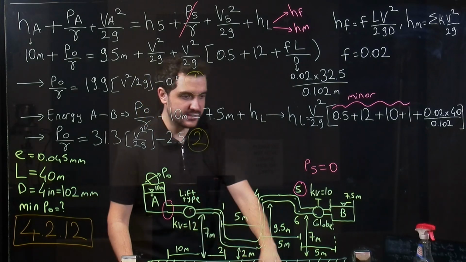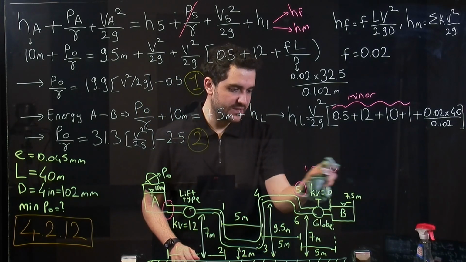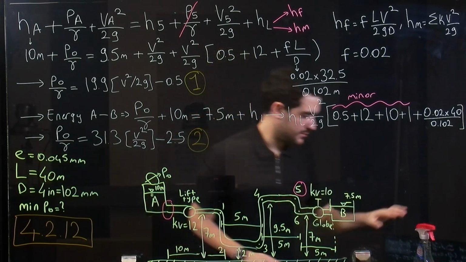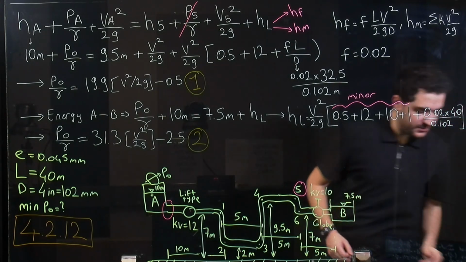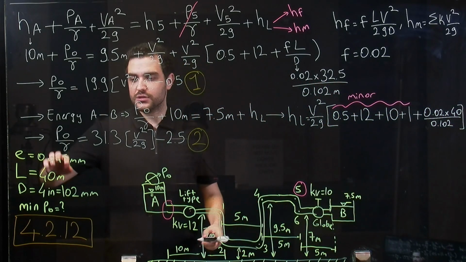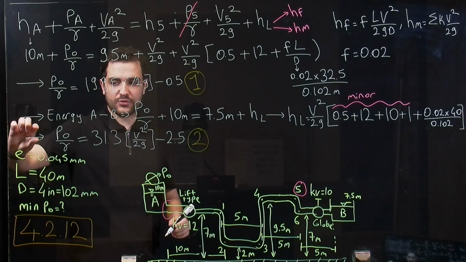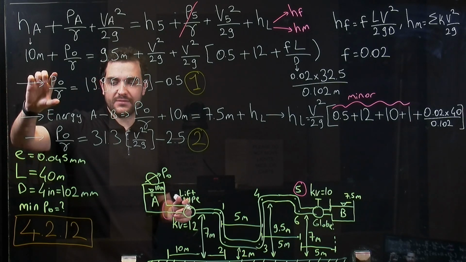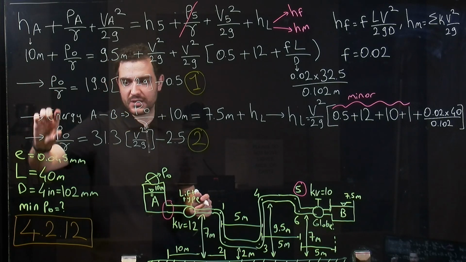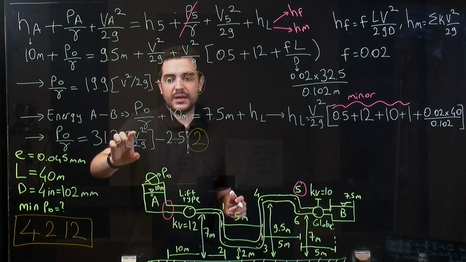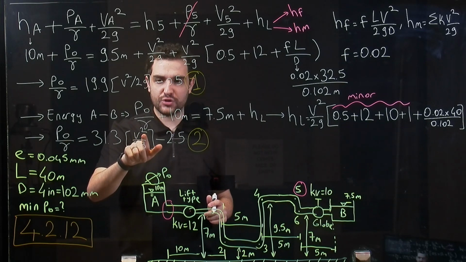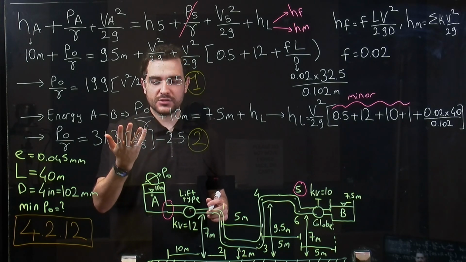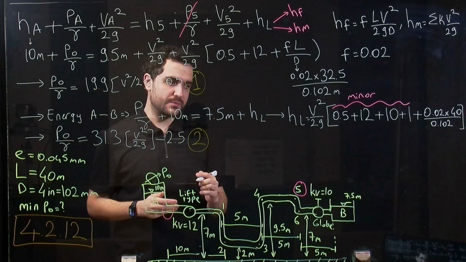And if we solve these equations simultaneously, so if we solve equation 1 and equation 2 simultaneously, because we have the same PO over gamma and PO over gamma, and the only unknown is V square over 2G, so we can get velocity from here.